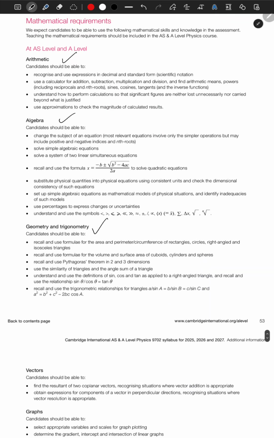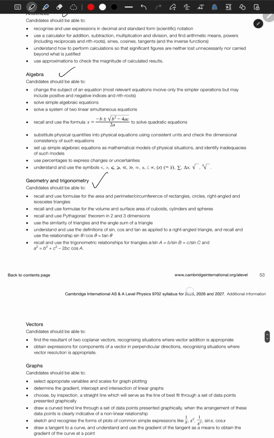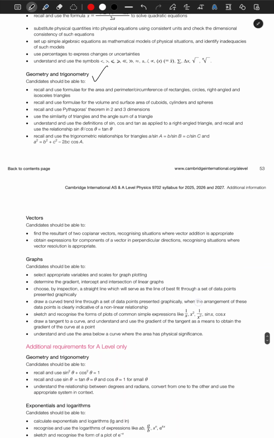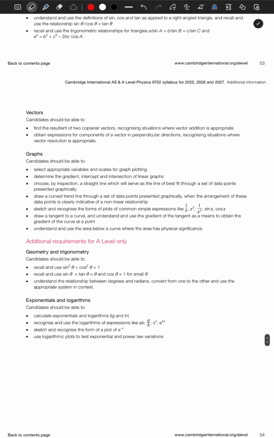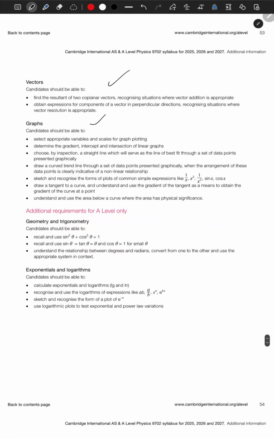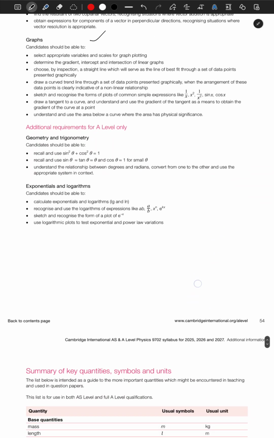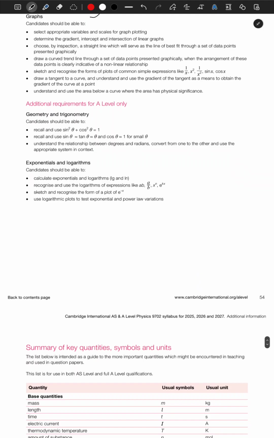So you need to go over these few things before doing this course. Also graphs, vectors, and most importantly, you must know how to use a calculator to do simple calculations. This I will not show you, but you have to know how to use your calculator.